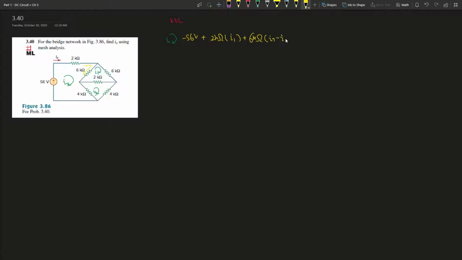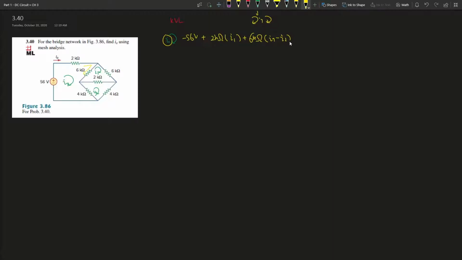I1 minus I2. How do we determine which one is positive and negative? It's a matter of perspective. We're looking at I1 here, so I1 is positive and I2 is negative, because if we set them both in the clockwise direction, one is going from top to bottom and the other from bottom to top at this point.